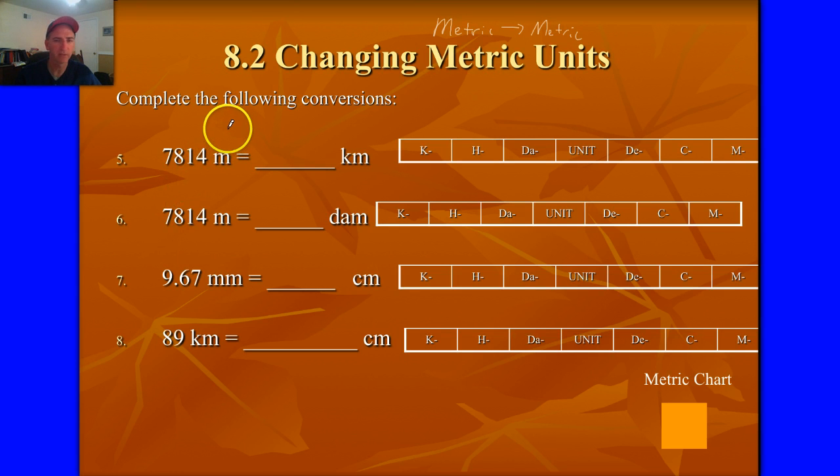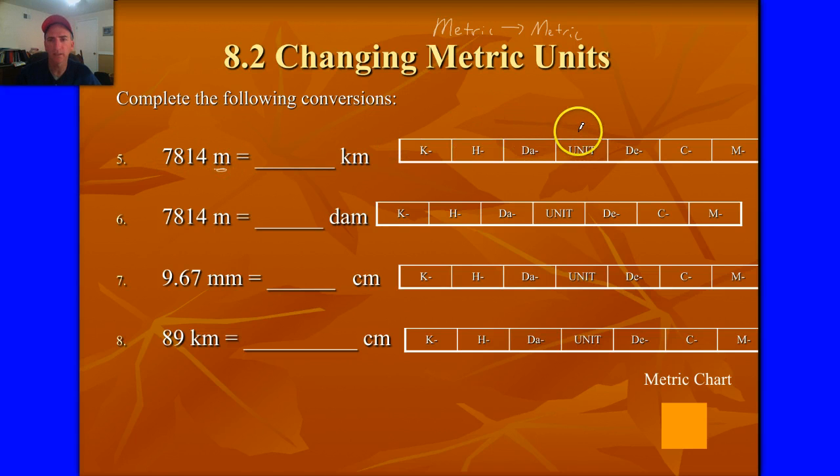But let's continue here. We're just going to follow the trick. It's all about knowing where the decimal value is, understanding you're either multiplying or dividing by a power of 10, and moving the decimal the same number of places, in the same direction, you'd move it on this chart. Let's take a look at 7,814 meters.